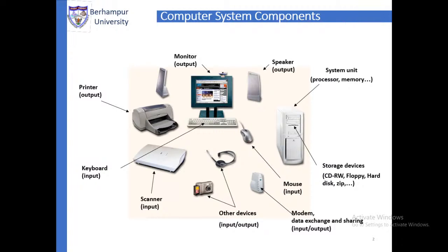Then you will have the processor and memory, which is RAM. So a computer system comprises all these things, or many of these things.